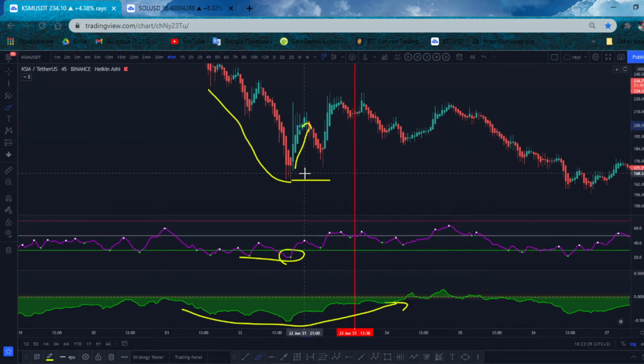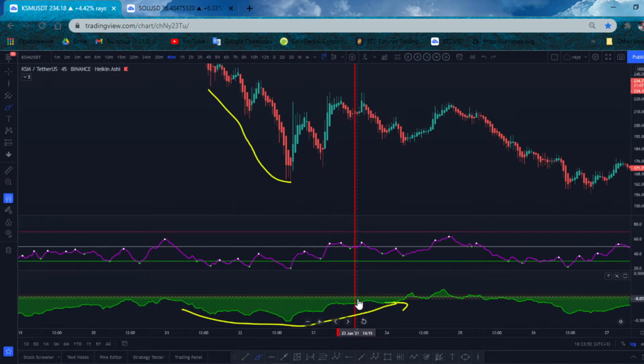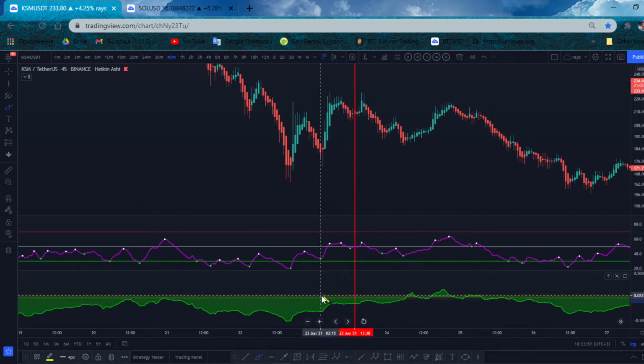It's basically when the trend reaches the oversold region and the money flow is already bottomed, deeply here, and it starts to change its direction like this, there's a good chance that we're gonna see a change in the price action.